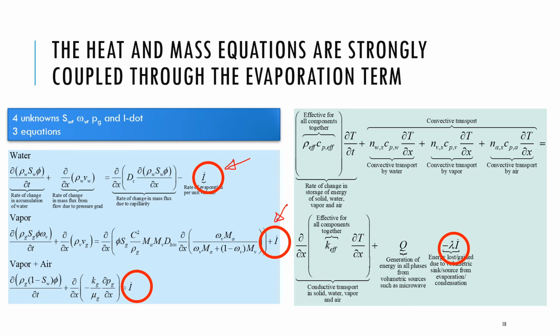Vapor is increased due to evaporation, so it has a positive I dot term. For the same reason, we have I dot in the vapor plus air equation. And then the energy equation also has the I dot because it has to include the latent heat of evaporation. So this evaporation term couples these equations in the most explicit way.